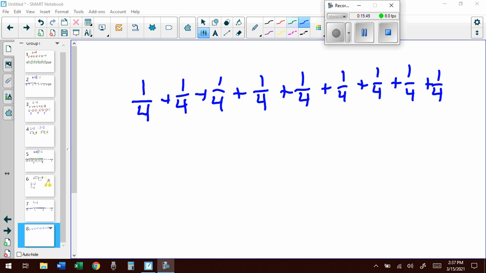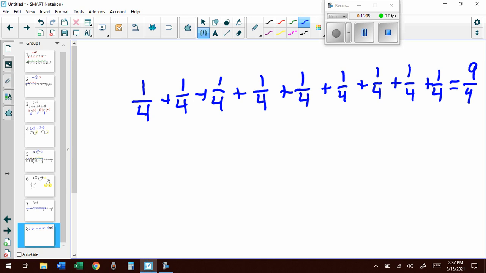Or we have a common denominator of 4. We have 1 plus 1 plus 1 plus 1 plus 1 plus 1 plus 1 plus 1 plus 1 is 9/4. All right. Not too bad.